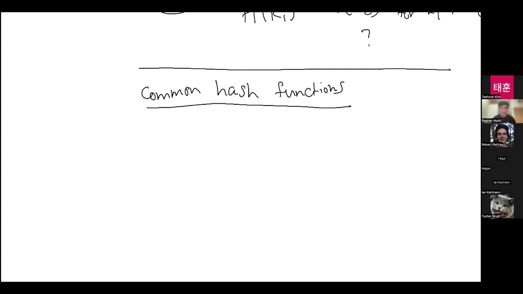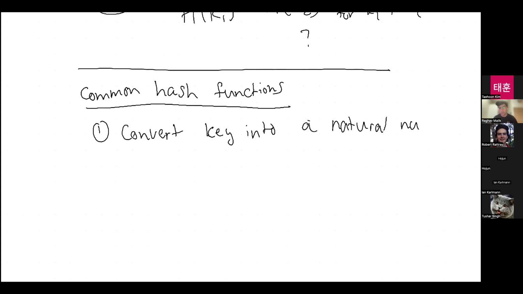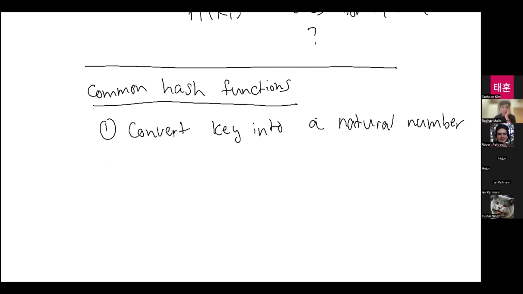So the first step to any hash function is to convert the key into, I'll just say, a natural number. There are different ways of doing this. If the key is already something numeric, then you can just treat it as a number.